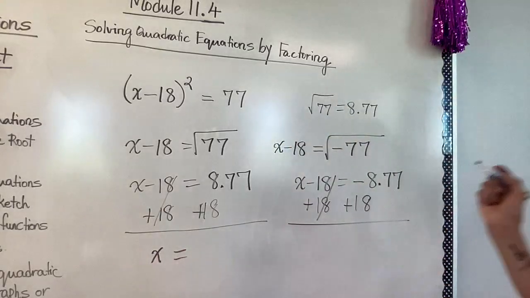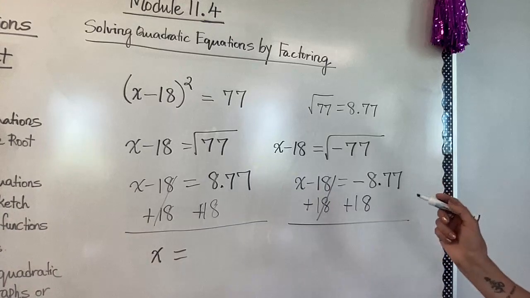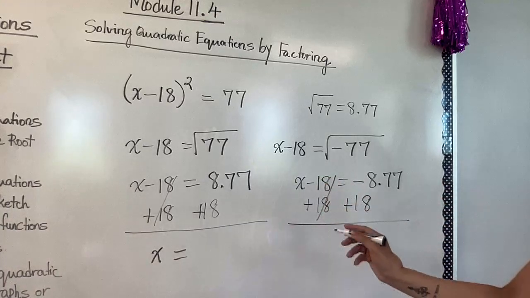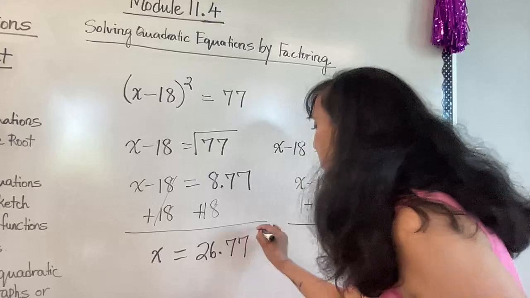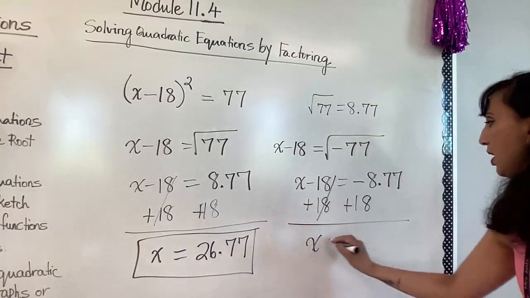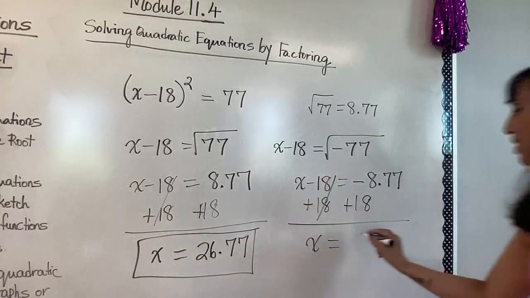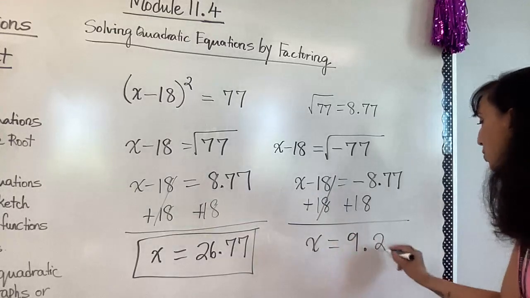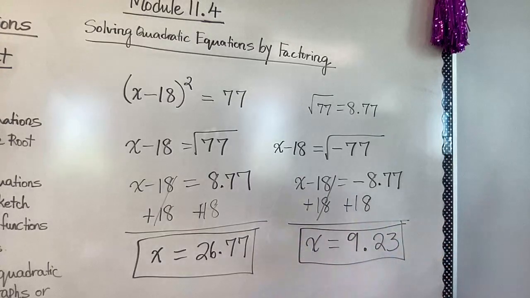X is equal to, if I am adding 18, I'm going to get 26.77. This is one solution, and the other solution is the opposite sign, so I'm subtracting, and I get x is equal to 9.23, and so here is my other solution. And this is again using square roots.